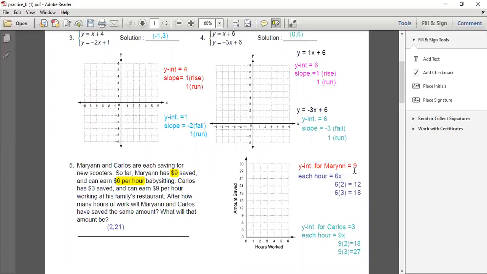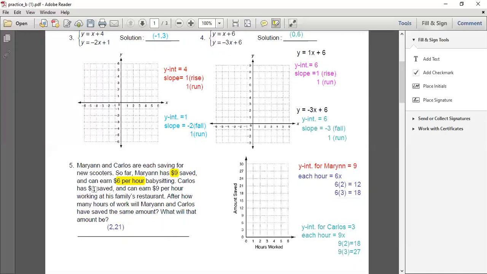The y-intercept for Marian is 9. So you will first draw the dot on 9, and for each hour we can have the equation 6x, because for 1 hour it's 6, for 2 hours it's going to be 12, for 3 hours it's going to be 18, where x is the number of hours. I think this is more than enough information for us to draw the graph.